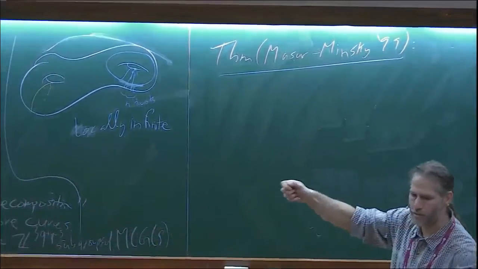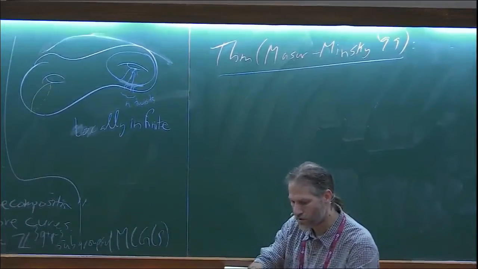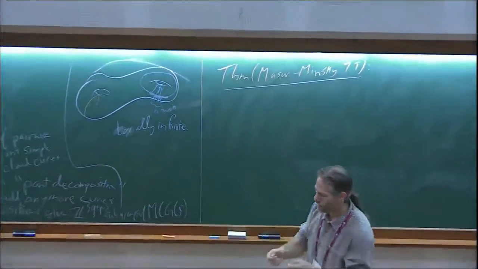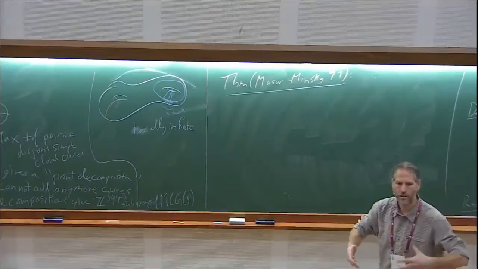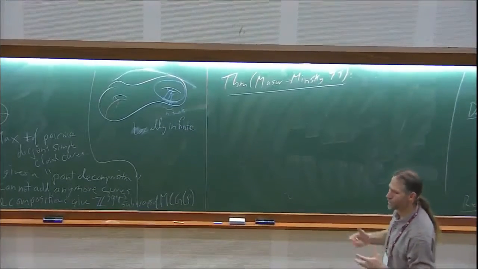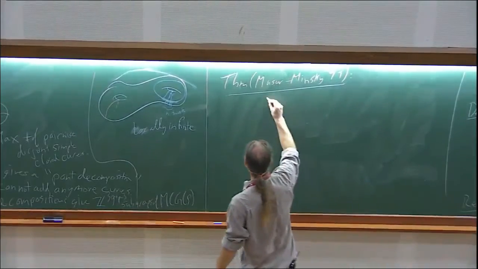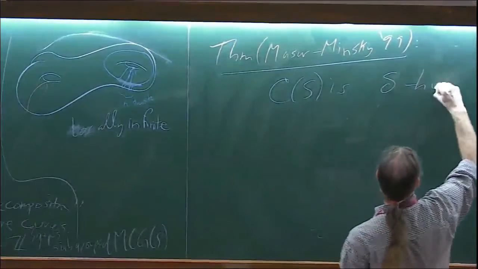We could take triples of points inside that graph, and since it's a connected graph, there's some geodesic connecting any pair of points. Given some triple of points in some arbitrary geodesic triangle, you could ask what it looks like. Their theorem is that the curve complex is what's called delta hyperbolic.